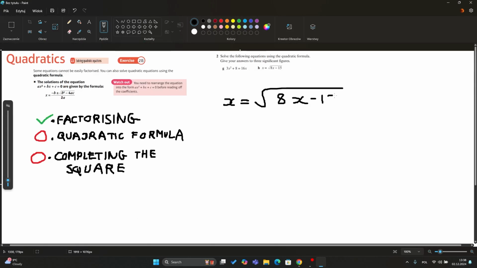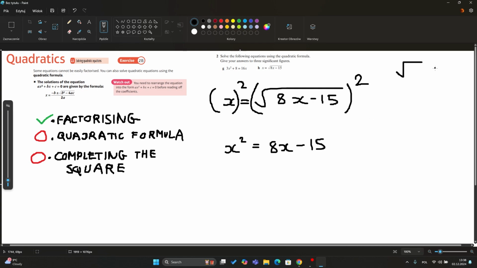Now the final question is where x equals the square root of 8x minus 15. Now to get rid of the square root, we need to power 2. So x squared equals 8x minus 15, because a square root is the opposite of the power.